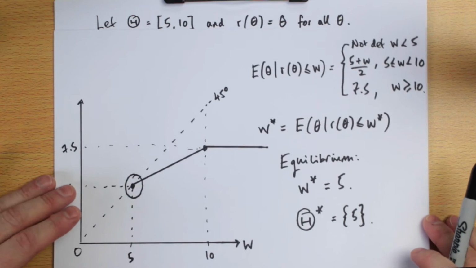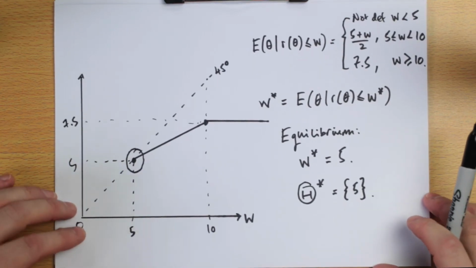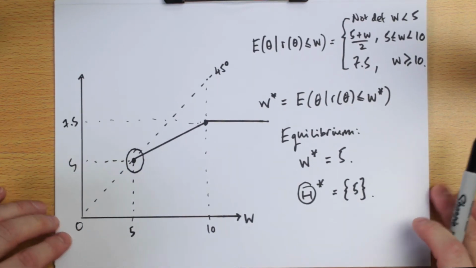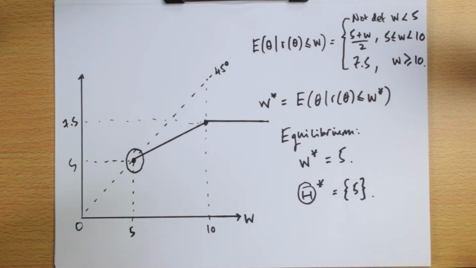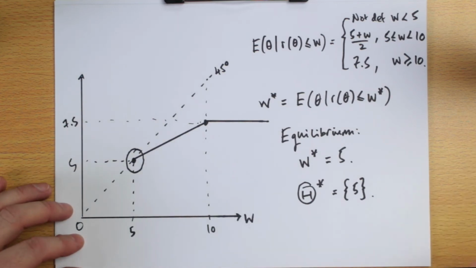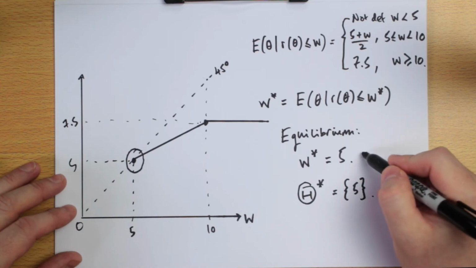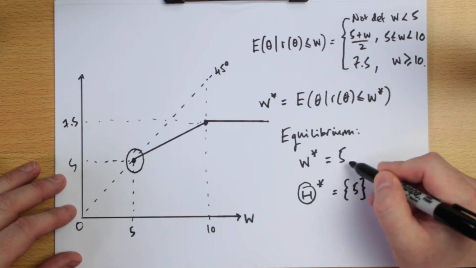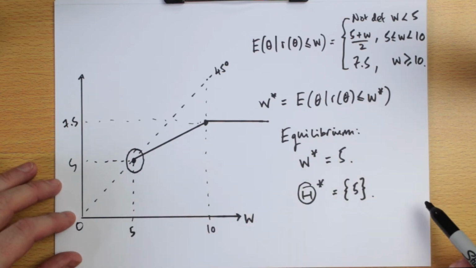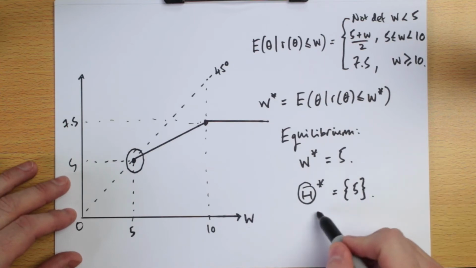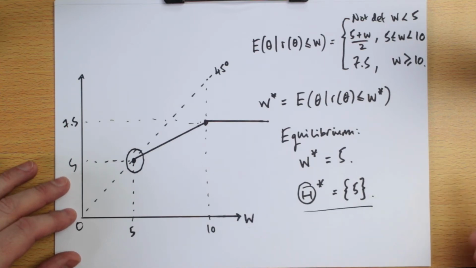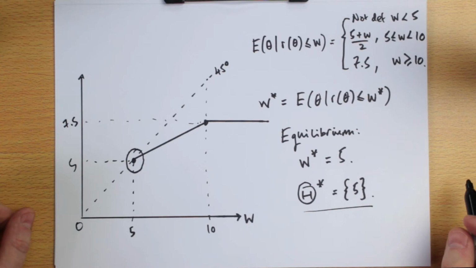As soon as we have asymmetric information in a competitive market that is otherwise as perfectly functioning as you can imagine, everyone is perfectly rational, there is no friction, there's no other problems, just that one problem that we can't identify types. The wage crashes to its absolute lowest value, and the only type of person who gets employed is the very worst person.